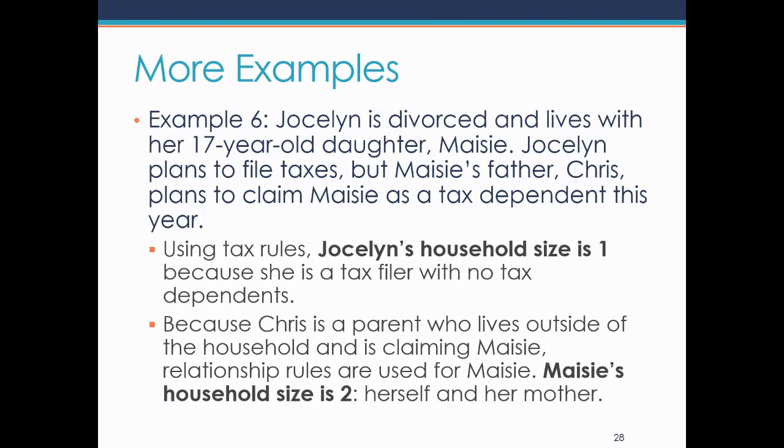So, will she be claimed by a parent living outside of this household? Yes. So we go to step 4, which is relationship rules, and we include, if they are living in the home, her spouse and children under 19, and she doesn't have a spouse or children. Since Macy is under age 19, we include her parents and siblings under age 19 if they are living in the same household. So since Macy's mother, Jocelyn, is living in the household, she's added to her household size, and Macy's household size is 2.